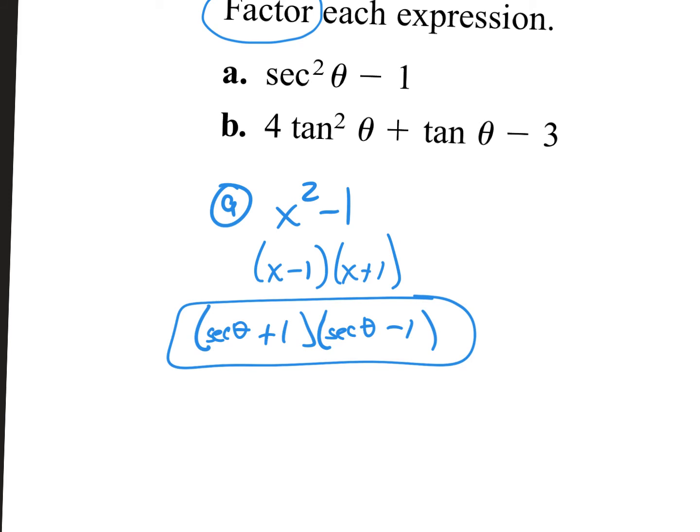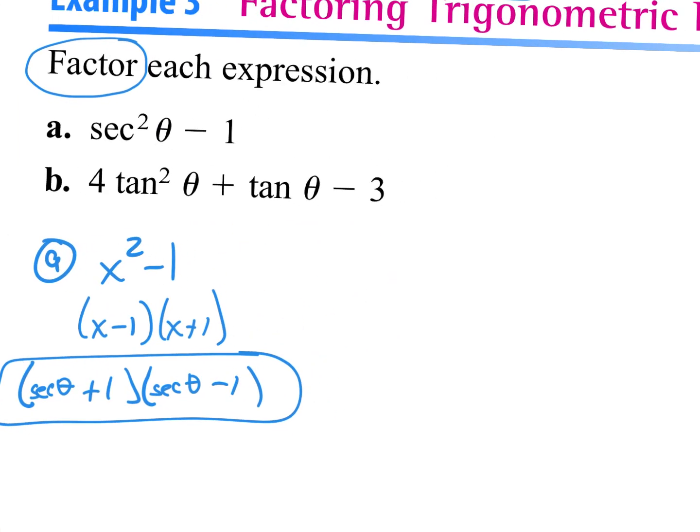B is a trinomial. It says 4 tangent squared theta plus tangent theta minus 3. Well, if I rewrote that algebraically, just using x's instead of my trig function, what would it look like? 4x squared, right? Plus x minus 3. Do you guys know how to factor that? Of course you do. A times c. What's 4 times negative 3?